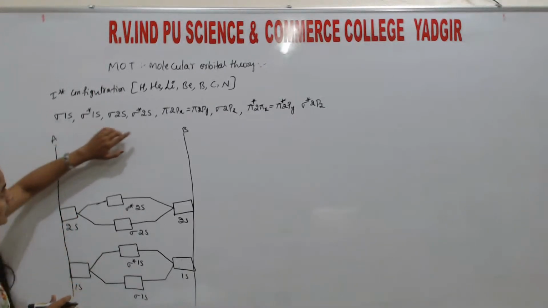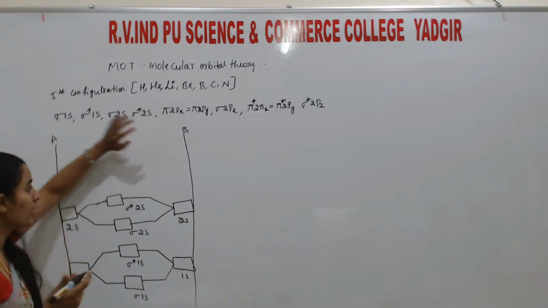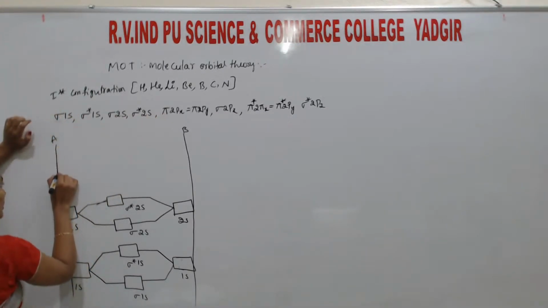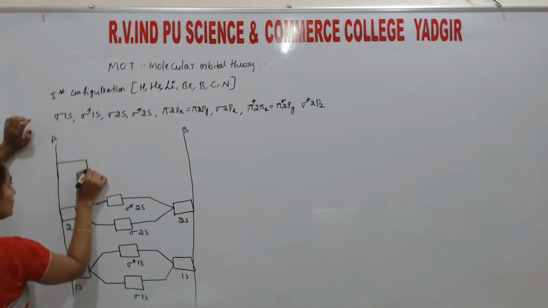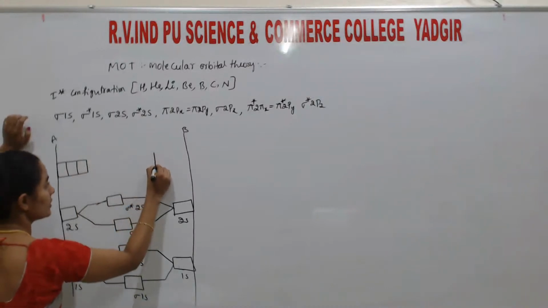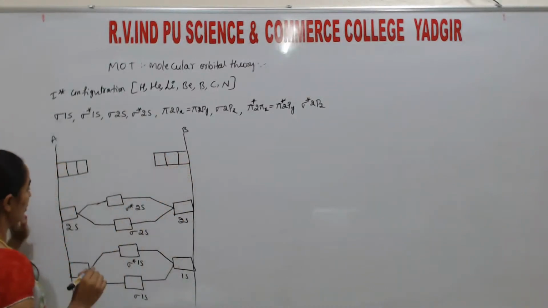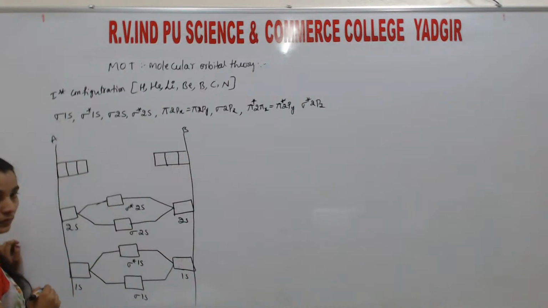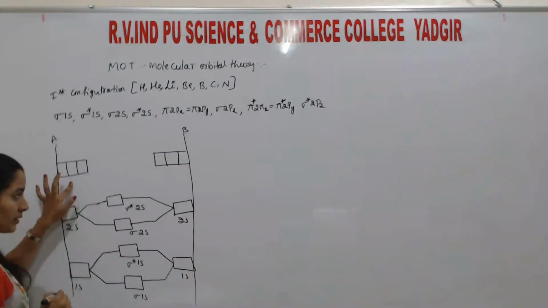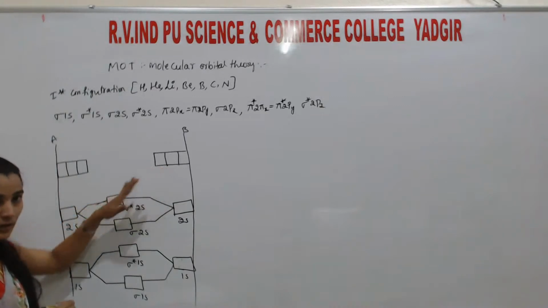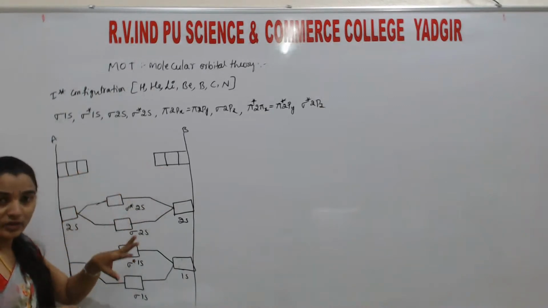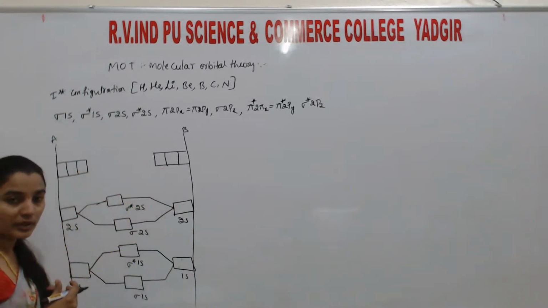Next one is the p orbital. How many p orbitals are there? Three. Here also three. So here 3 orbitals are there, here also 3 orbitals. 3 plus 3 combined with each other, then how many molecular orbitals will form?